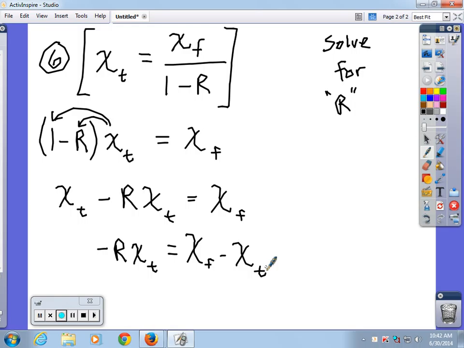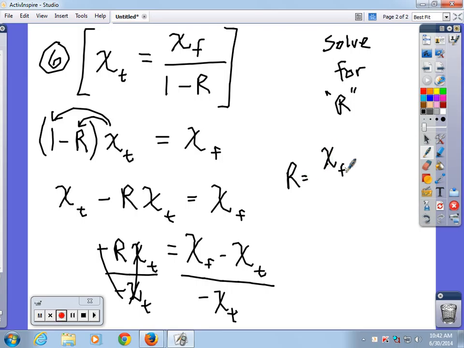Divide by what? Negative x of t. Divide by negative x of t. And r is equal to x of f minus x of t over negative x of t.